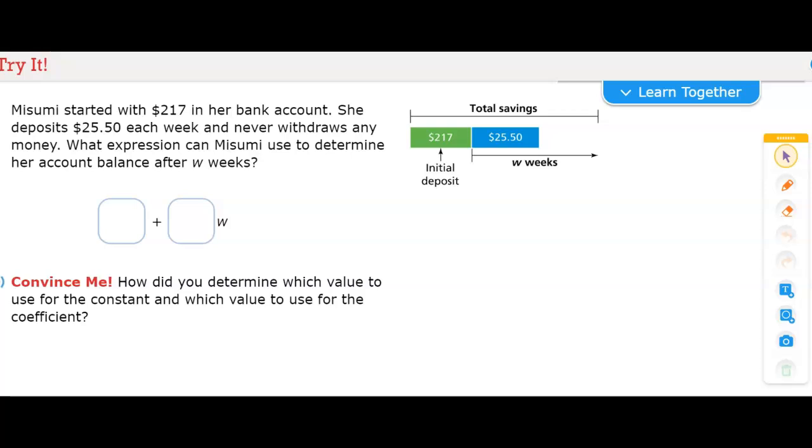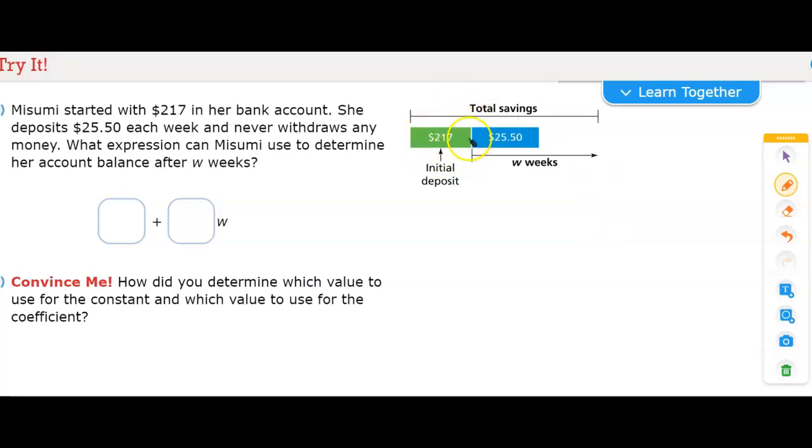Masumi started with $217 in her bank account. She deposits $25.50 each week and never withdraws any money. What expression can Masumi use to determine her account balance after W weeks? So following the steps from the example, identify the things inside of our diagram.